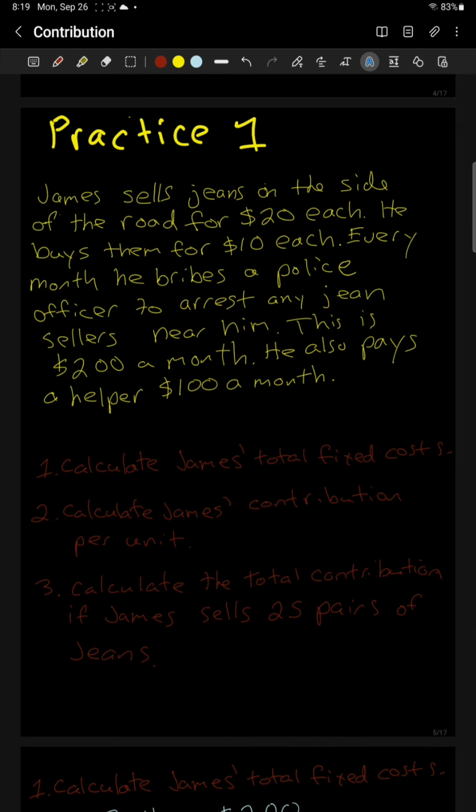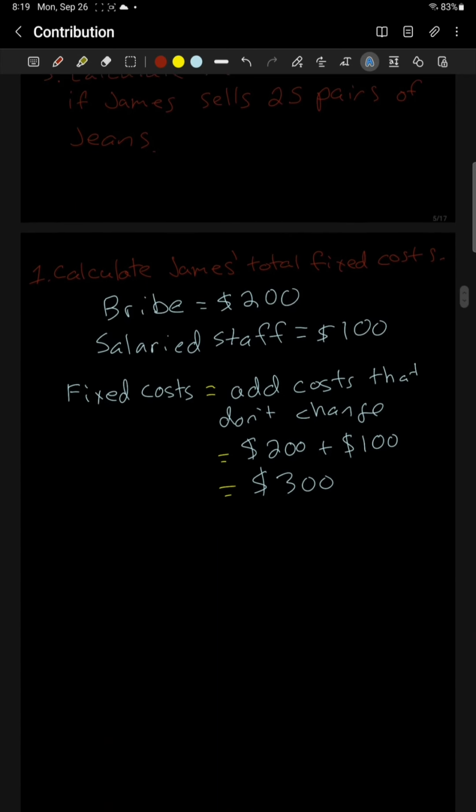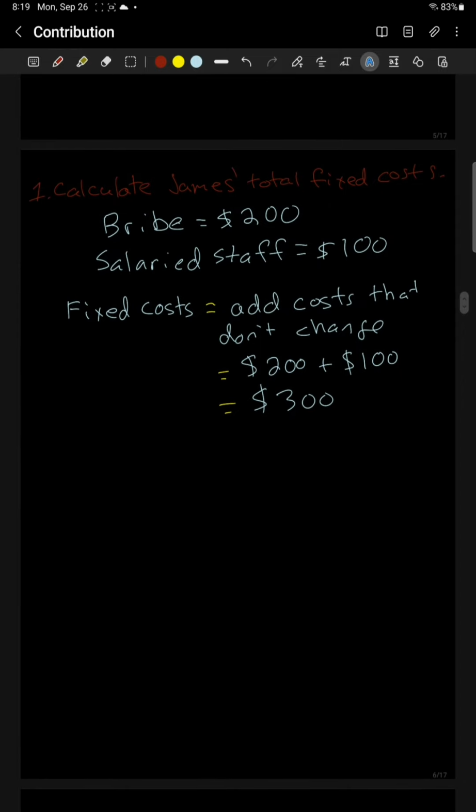Okay, here we go. Let's take a look at question 1. Calculate James' total fixed cost. Well, the bribe is $200 a month, and the salaried staff's $100. So fixed cost just equals add the costs that don't change. So $200 plus $100 equals $300. Well, that was easy. Let's go to question 2.